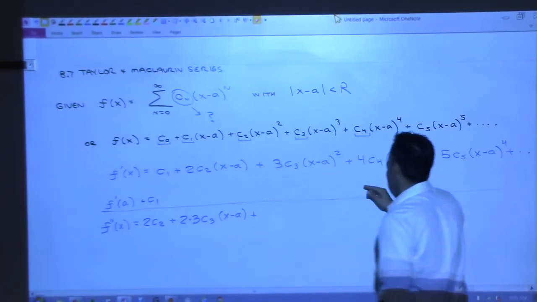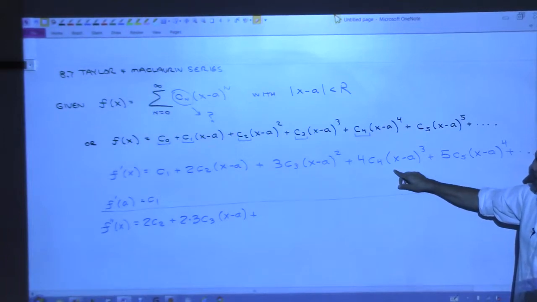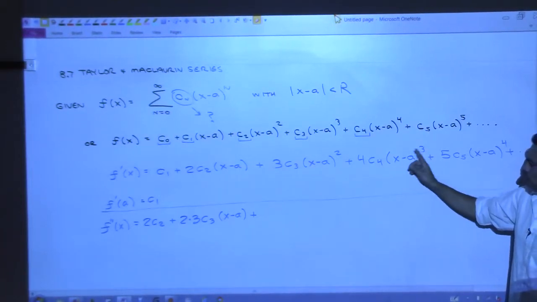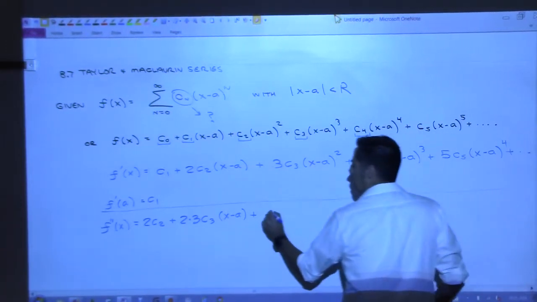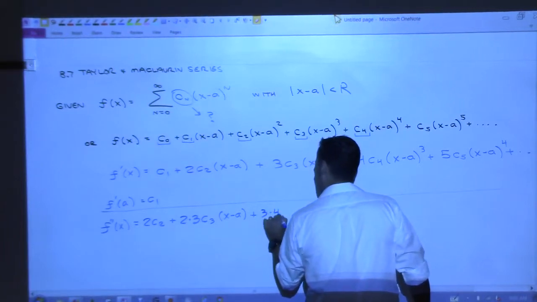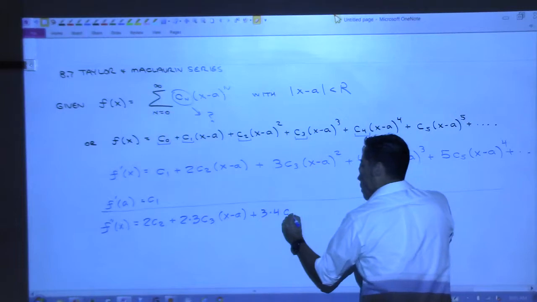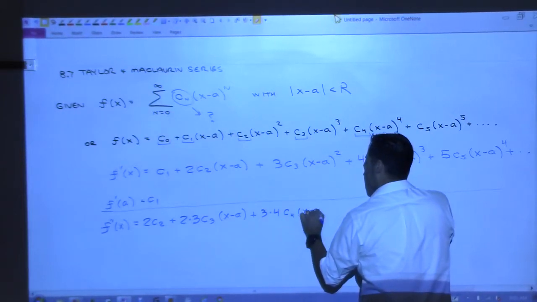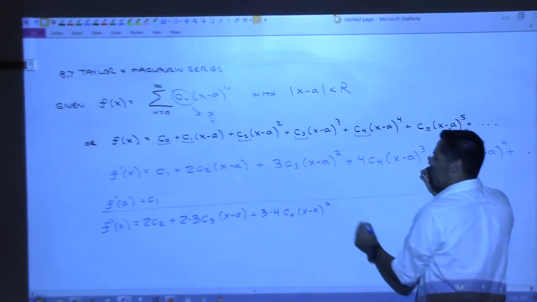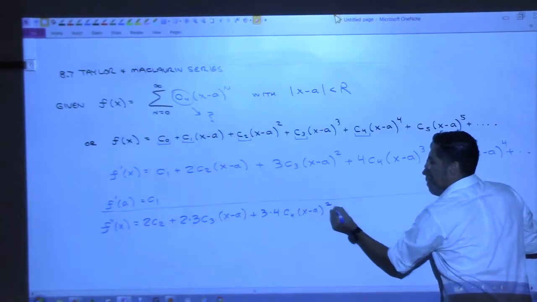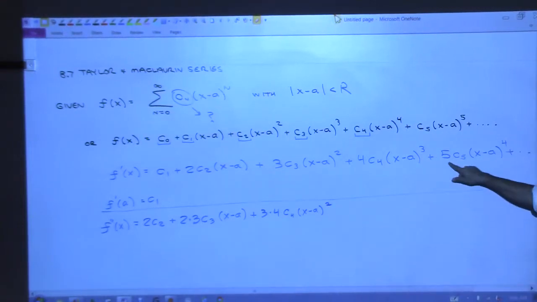Plus, what's the next one going to be? Derivative. 4 times 3, right? Or 3 times 4. I'm going to write it as 3 times 4. And then C sub 4, X minus a to the second power. Okay, next one.